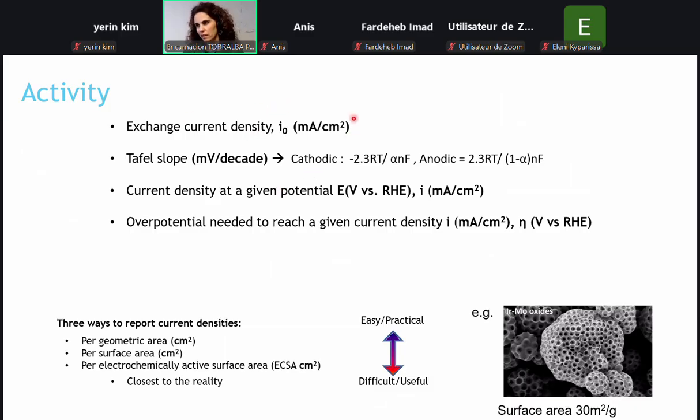The exchange current density is a particular value. The current density is, in general, at a given potential, how much current I am producing. I'm going to show you an example. And then the overpotential, that is how far from the equilibrium value I need to go. Okay, so activity is related to current and potential.